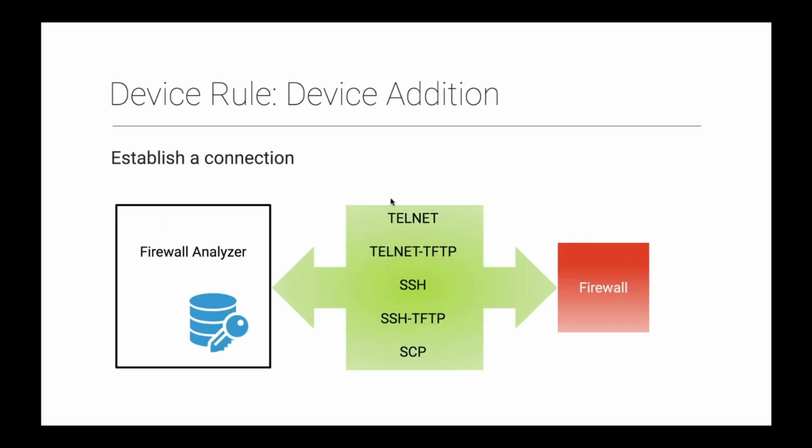Once we establish a connection with the following protocols: Telnet, TFTP, SSH, SCP, we can add the device in the device rule by fetching the rules and configuration from the firewall. We can fetch rules and configuration by basically two methods.